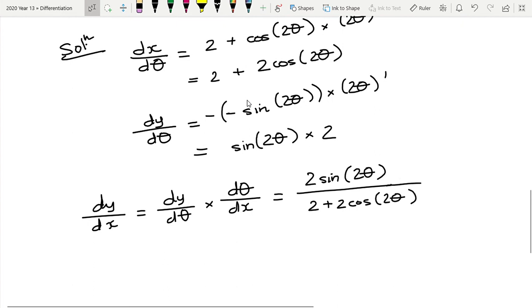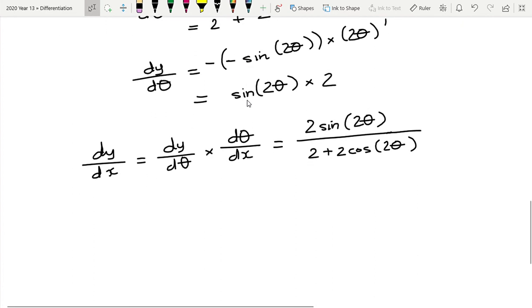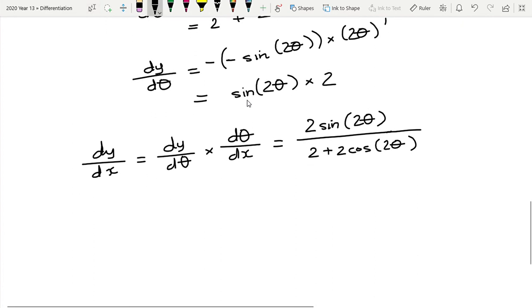Now it's a job to simplify this down to tan theta, right? You can see clearly that we have to use a double angle formula somehow here. The first thing I'll do is divide the top and the bottom by 2. So sine 2 theta over 1 plus cos 2 theta.